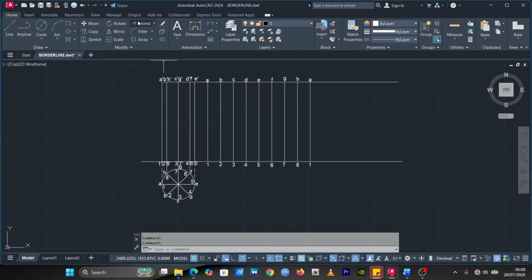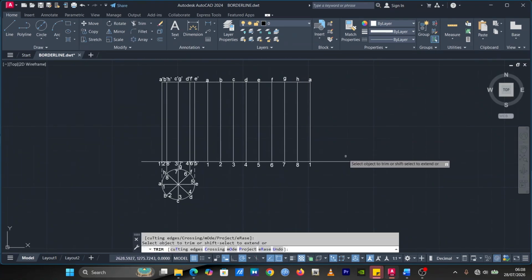Okay, so when you are done, we can trim this line out. So we are going to have it looking this way. I would prefer not to use this one over here. I will just leave it this way.